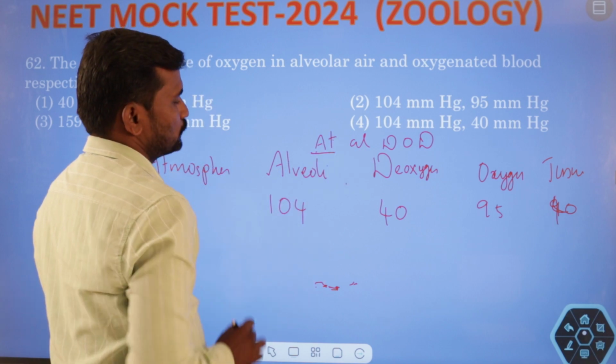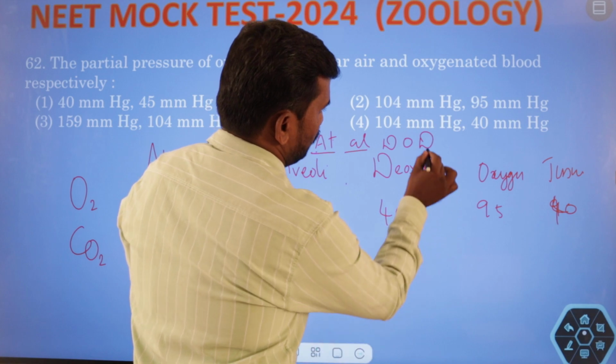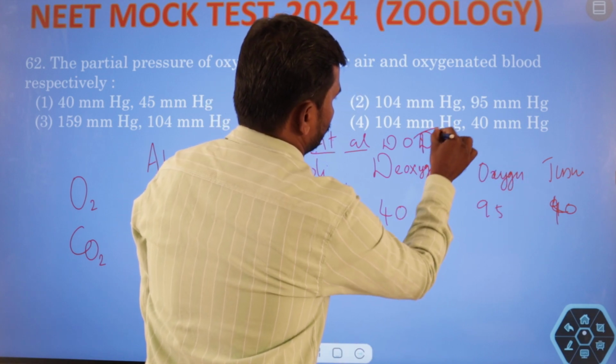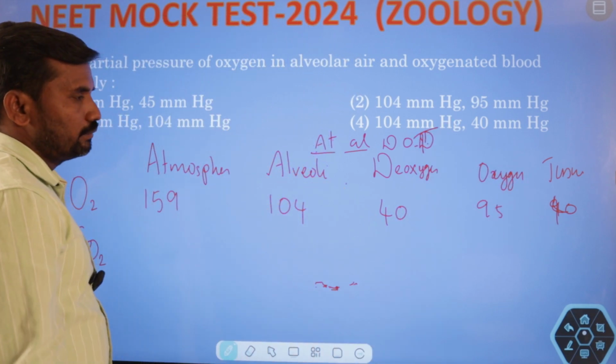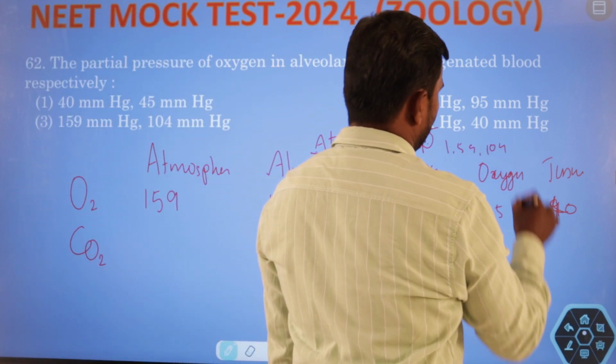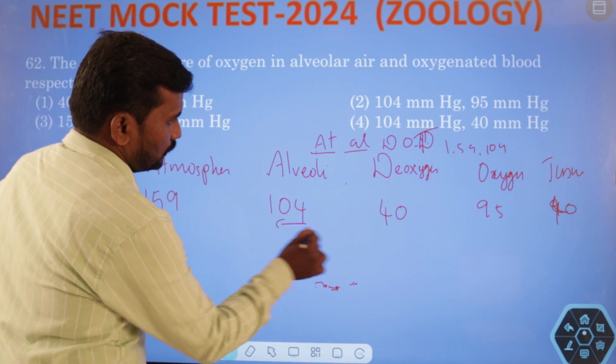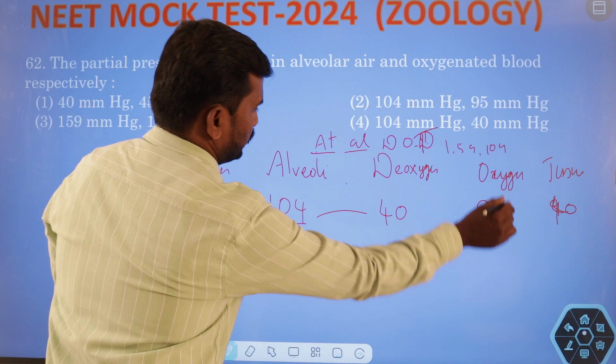At is atmospheric gas, Al for alveoli, D for deoxygenated blood, O for oxygenated blood, T for tissue. So I need to remember only the numbers 159 and 104. All the others we can easily remember. Here 40, here 95, once again 40.